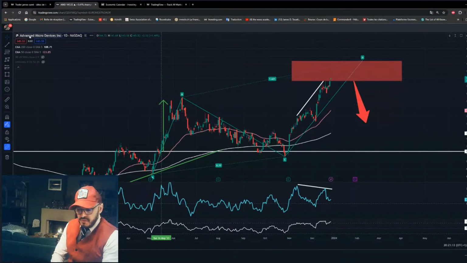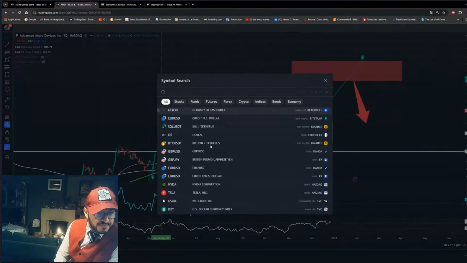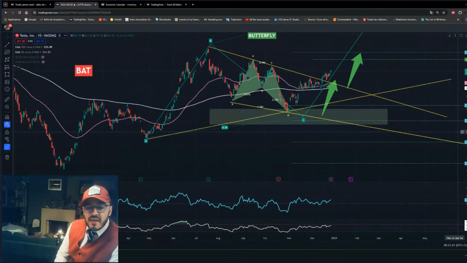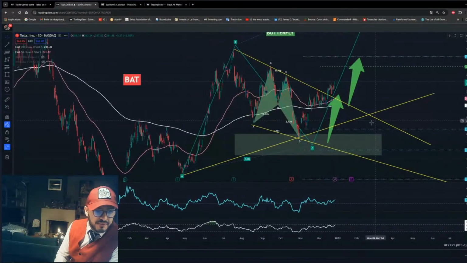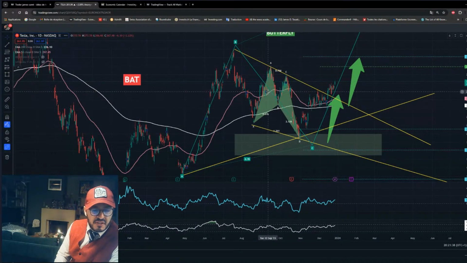Now let's check Tesla maybe. Tesla is here. Yes, it was really fantastic here. This butterfly worked very well. I gave that one. It was fantastic.